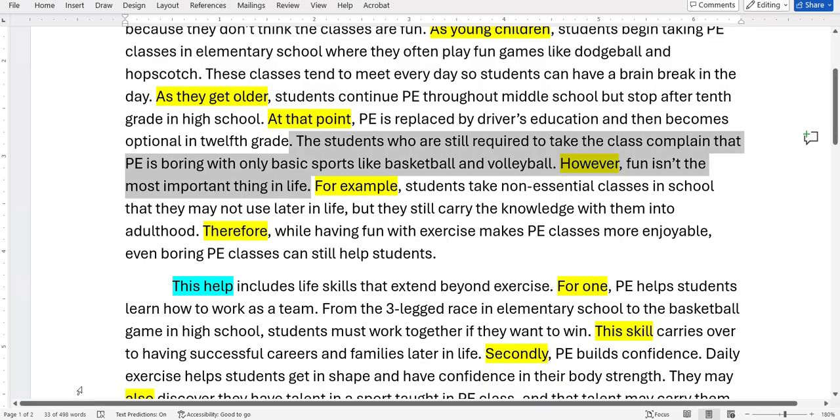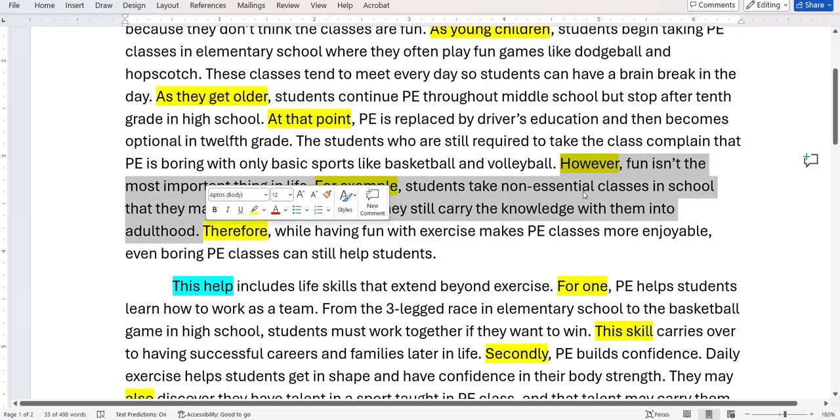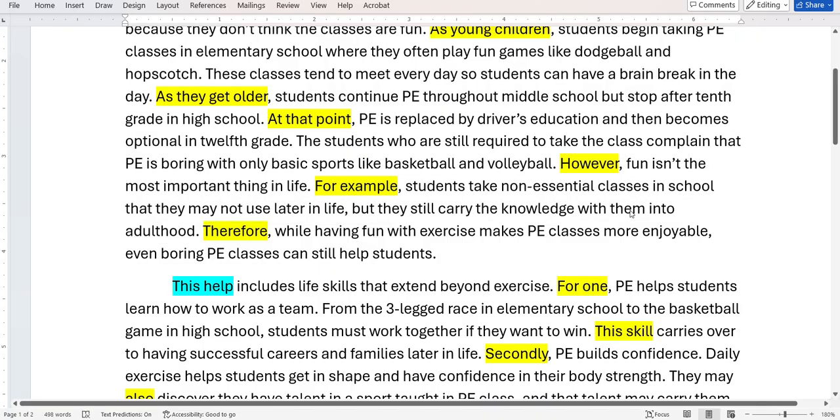So on the essay here, I say the students who are still required to take the class complain that PE is boring with only basic sports like basketball and volleyball. So I have very clearly stated a specific example from the, quote unquote, other side. And then I have shown that very clearly I am arguing in the opposite direction, and I support that argument with a minor detail.